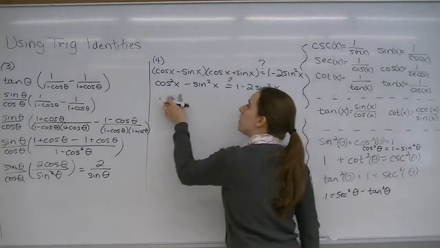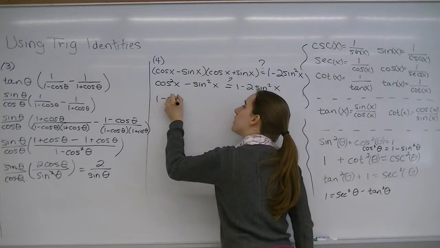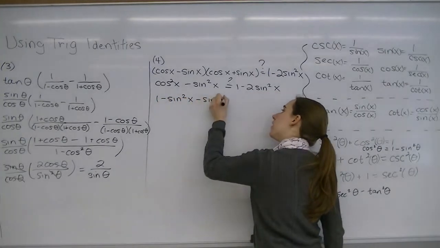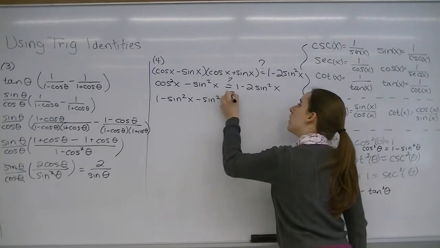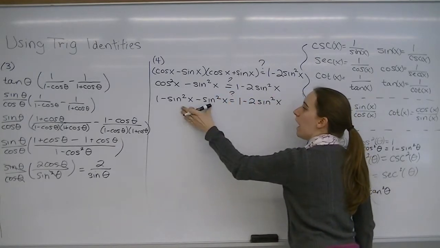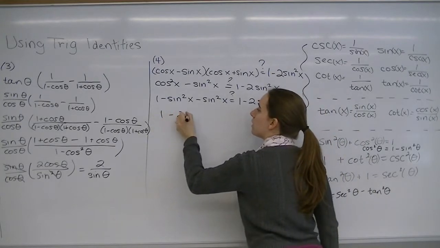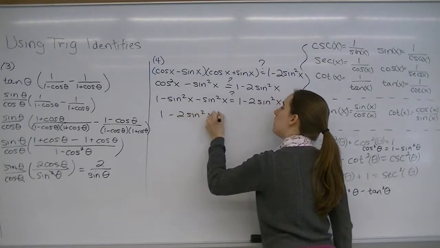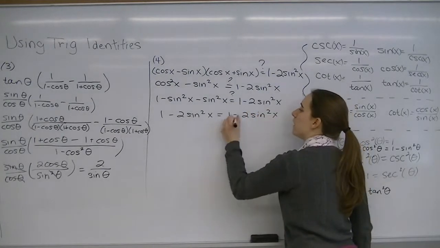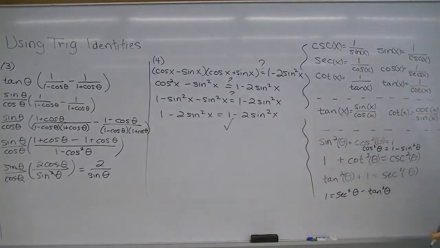So if I use that instead of cosine squared of theta, or of x I should say, it's pretty easy now to see. I can combine my like terms. And we do indeed get the equality we were looking for. Those two things are going to be exactly the same.